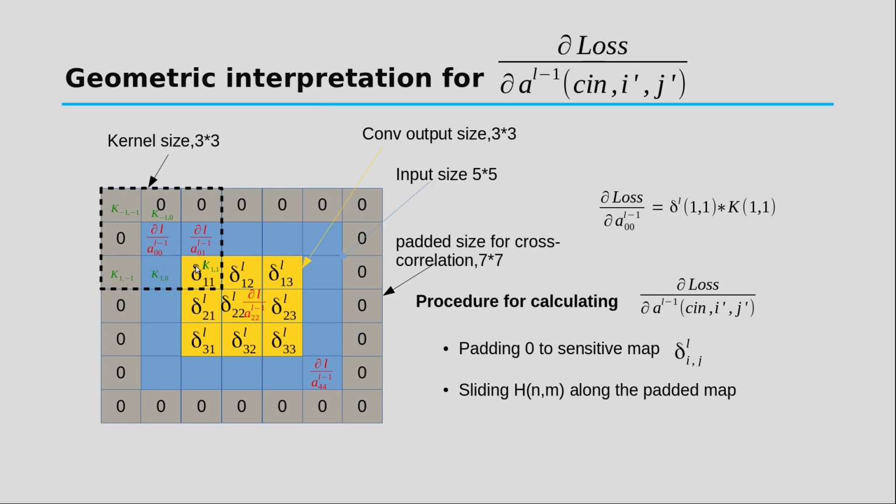This one is delta 11 times k11. This is the only factor, and this time the kernel is not rotated, indexing from k minus 1 to k11.